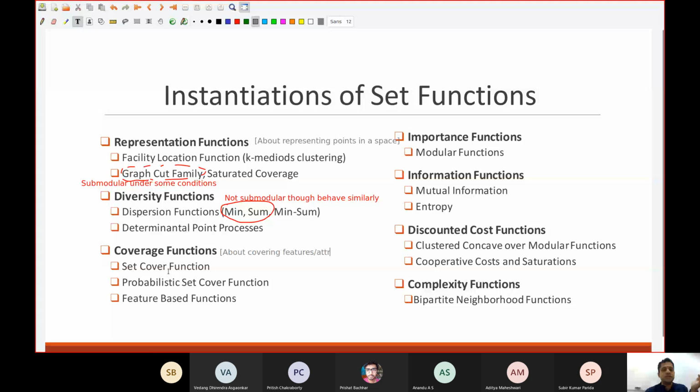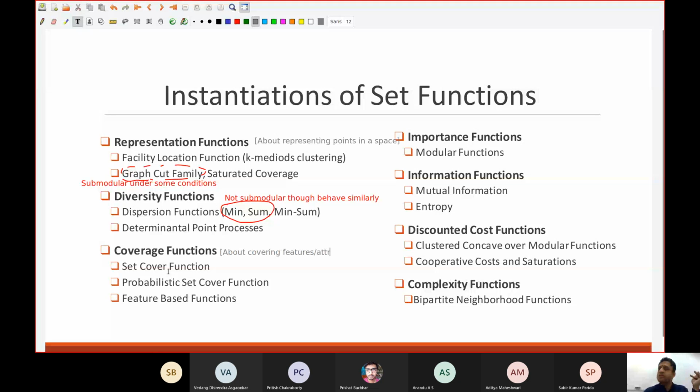And also importance functions. How important is something? Cardinality of a set is an importance. That is modular. Information functions like mutual information, they're submodular under certain conditions. I talked about it earlier.